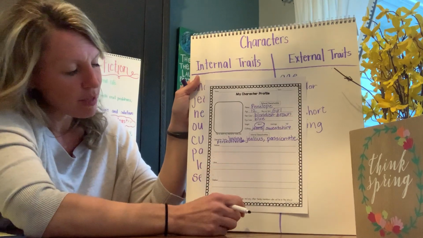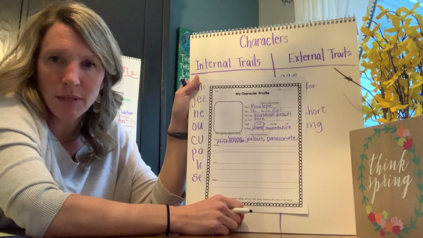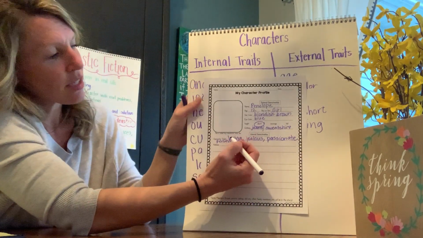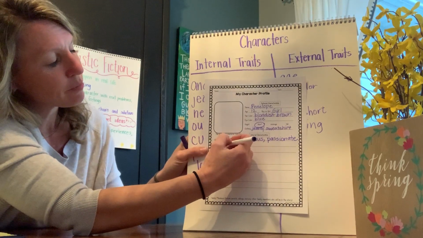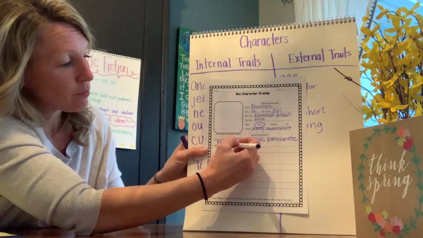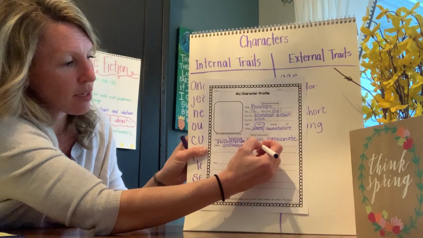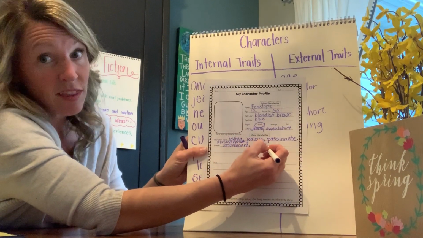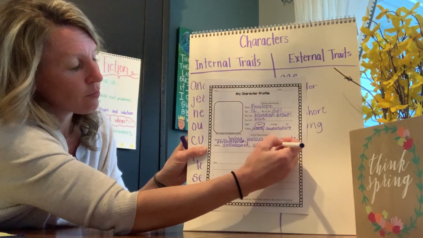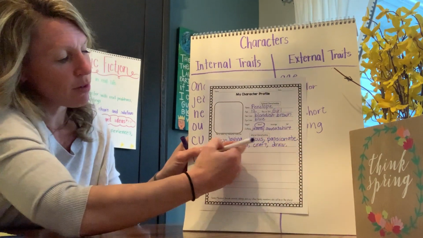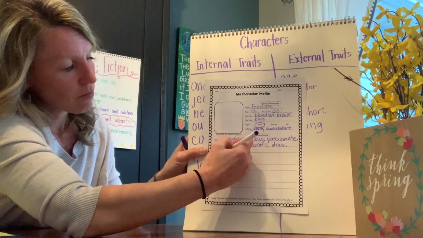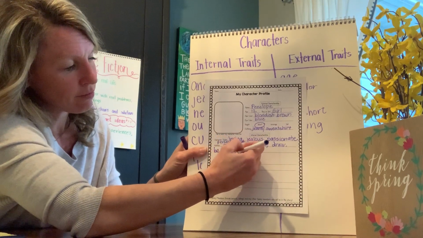Now it says some hobbies. What are some hobbies that Penelope likes? Penelope likes to snowboard. She loves to craft with her friends. She's quite the artist. She loves to draw and be outdoors. Only when it's warm.